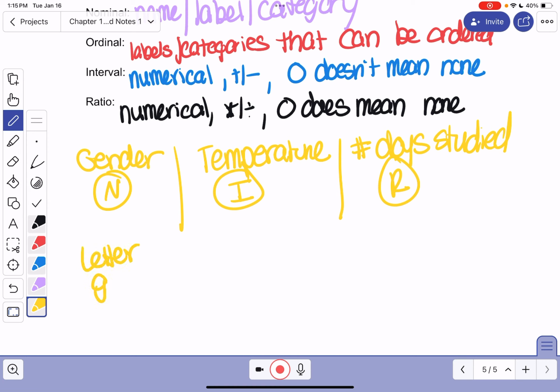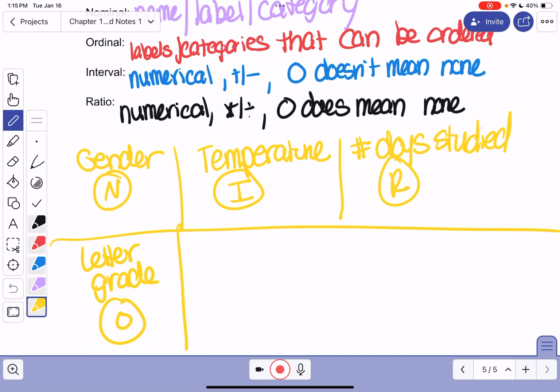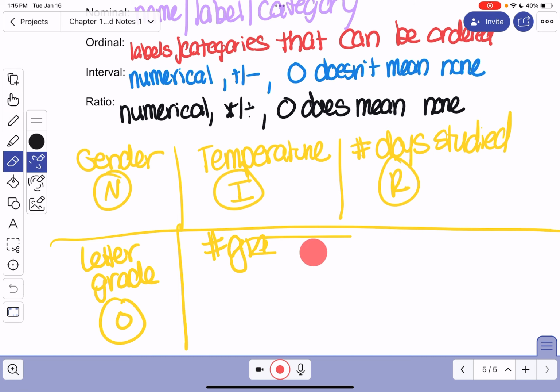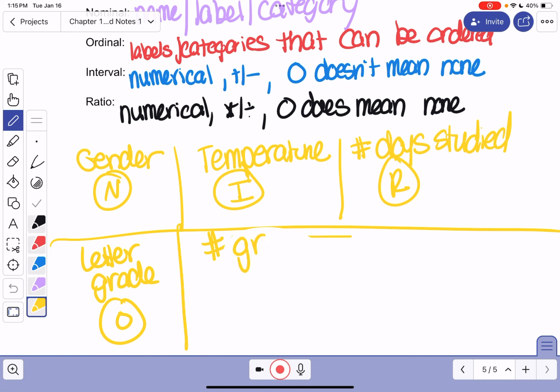Okay, letter grades, A, B, C, D, E. Well, those are in order. An A is better than a B is better than a C, but they're not numbers, so it's ordinal. Versus a number grade. A number grade can be put in order and you can tell the difference.